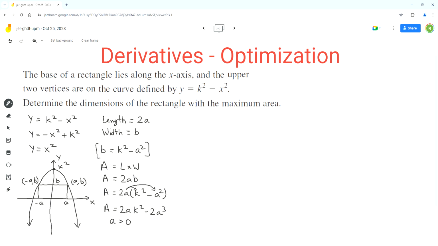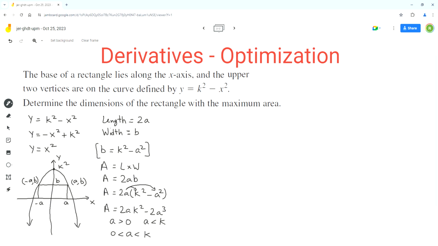So that means a has to be less than k. So there's a very important concept we need to understand to solve this type of problem. Therefore, the domain for this area function is a is greater than 0 and less than k.